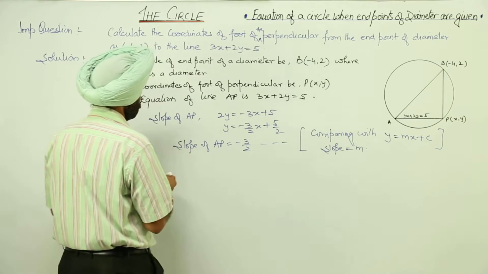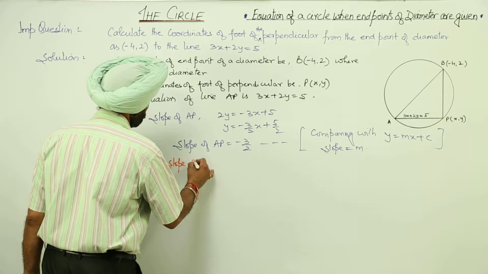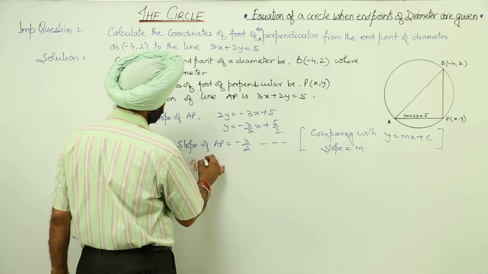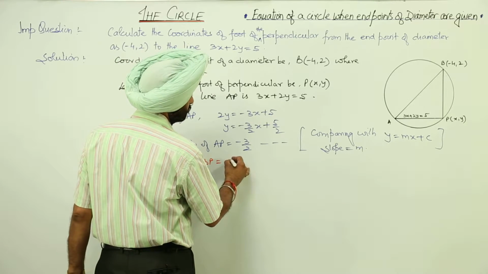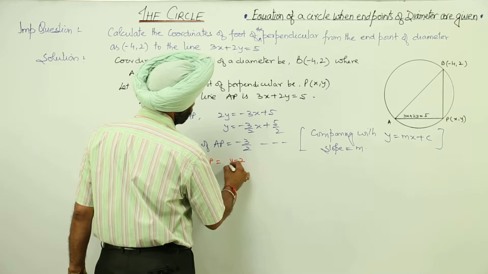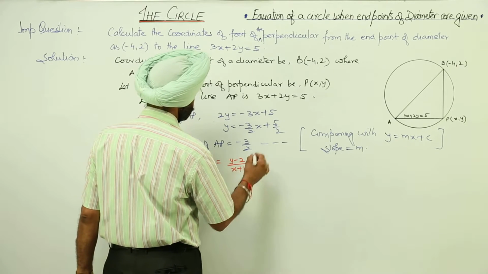Now, the slope of BP is (y - 2)/(x + 4).